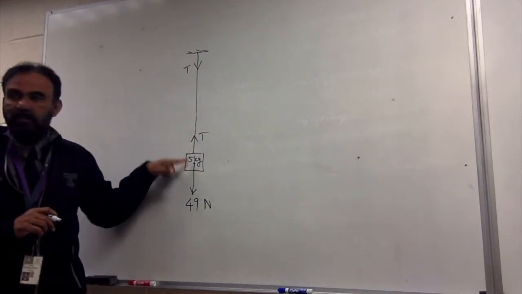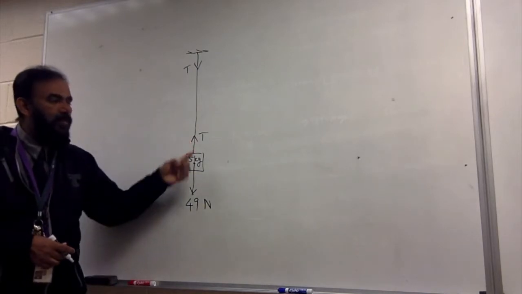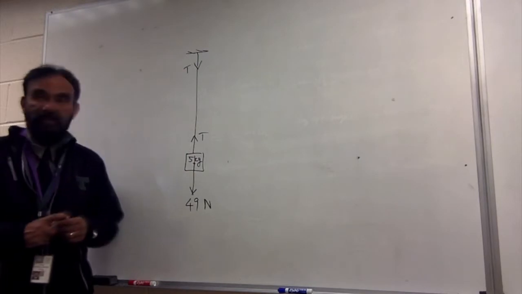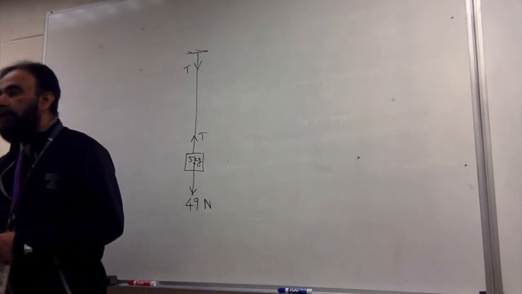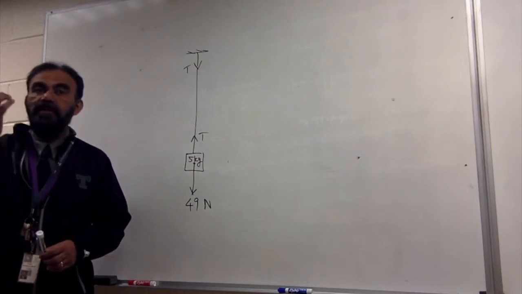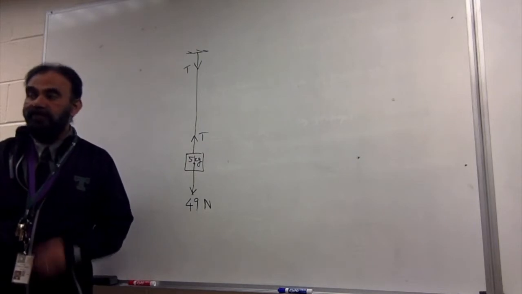But we are only concerned about this tension, which is force acting on the 5 kilogram. What do you know about the tension here in this particular problem? Is it 49 or less than 49 or more than 49? 49. Why 49? What made you conclude that it's 49? It's at rest. So according to which law?